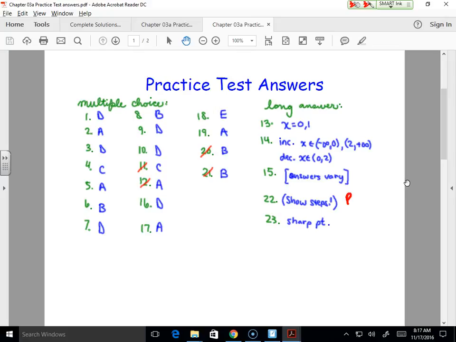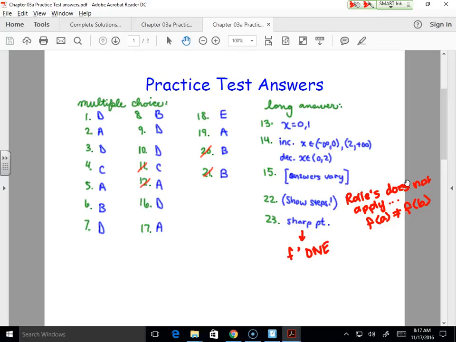Rolle's theorem doesn't apply because F of A does not equal F of B. The function was continuous, was differentiable, but F of A did not equal F of B. 23 was a sharp point, which means F prime does not exist.